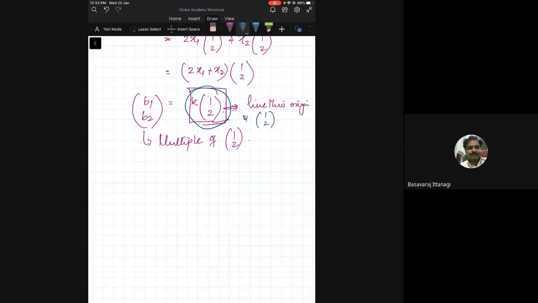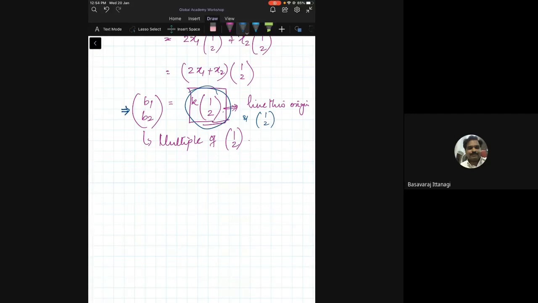We already know that a line through the origin and (1, 2) is a subspace of R2. We are looking at the set of b's which can be written as Ax, and therefore this also becomes a subspace. Is that right?